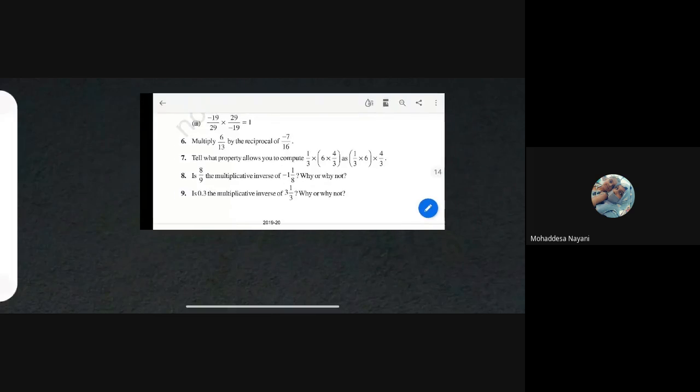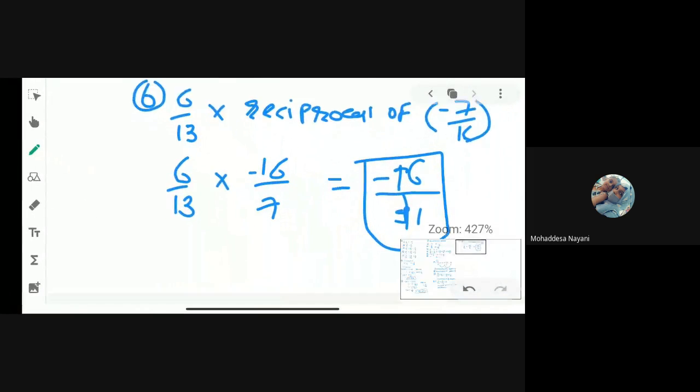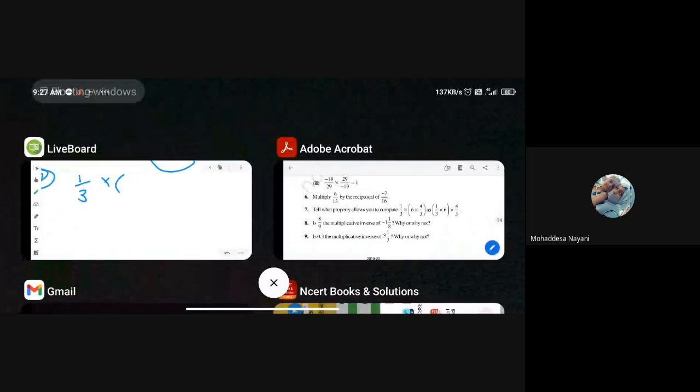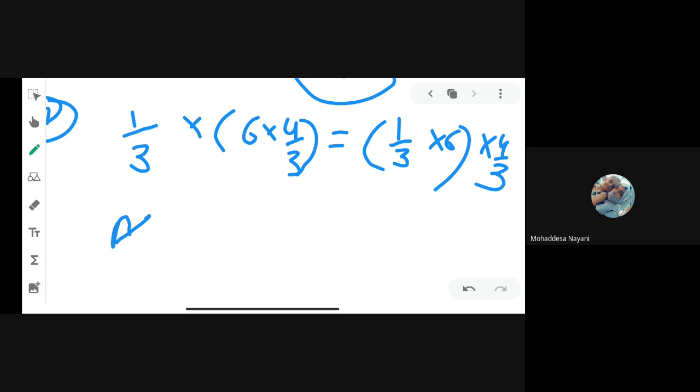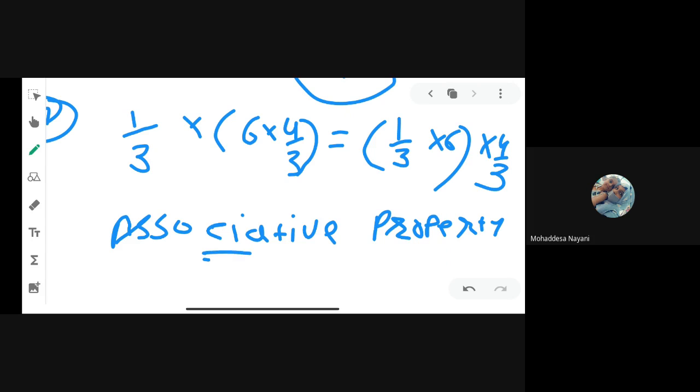Please remember: 1 by 3 into (6 into 4 by 3) is equal to, changing the bracket, (1 by 3 into 6) into 4 by 3. So we are using the associative property. Are you getting it? Yes, sir. If you remember all the theories, then you can solve this very easily.